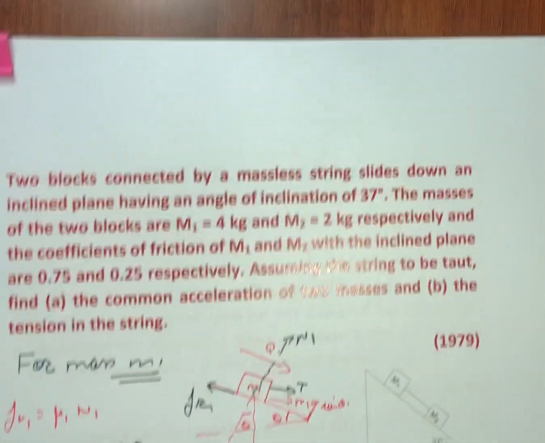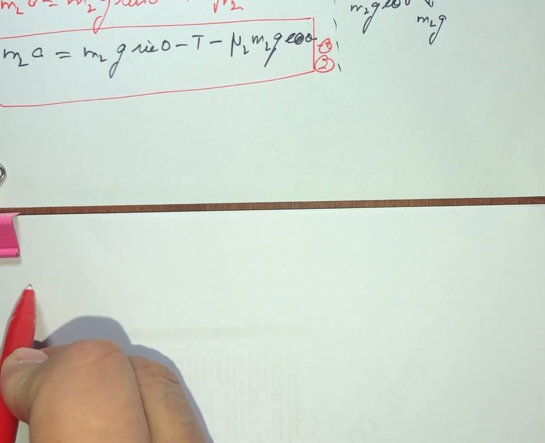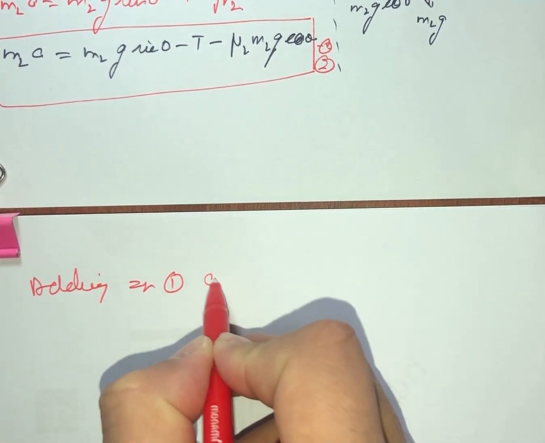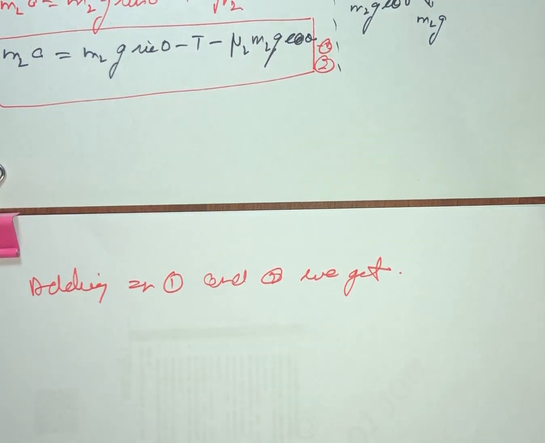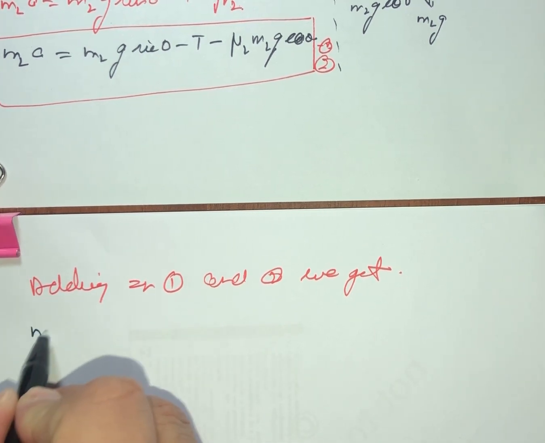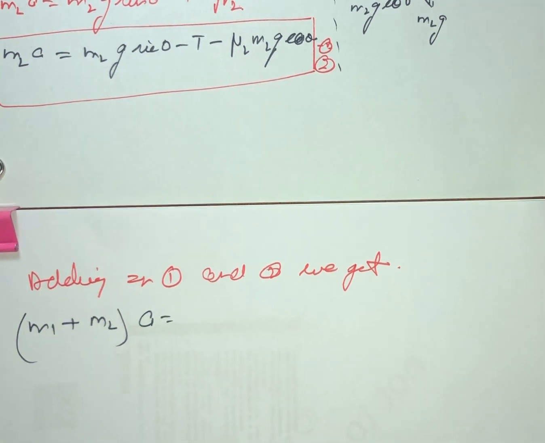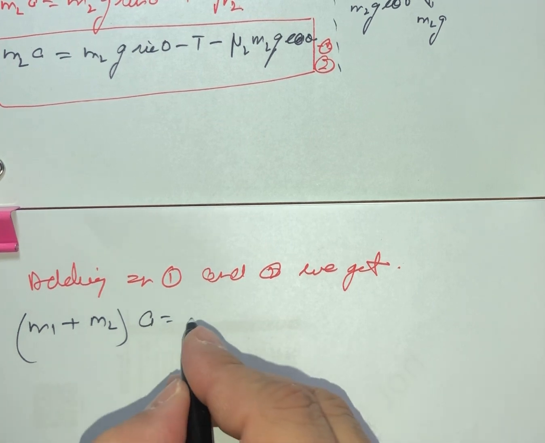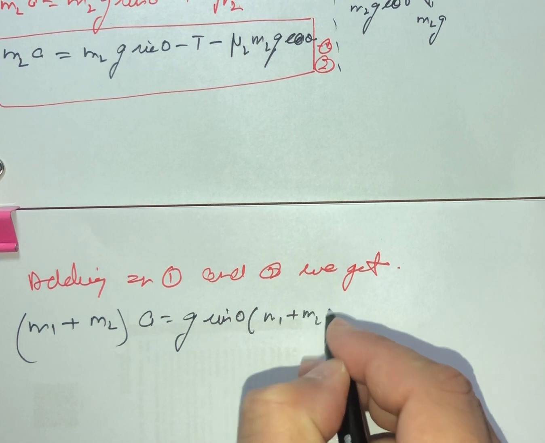Adding equations 1 and 2, T cancels out. On the left side we get (m1 plus m2) a, where a is common, and on the right side g sin theta is common, so this comes as g sin theta (m1 plus m2).